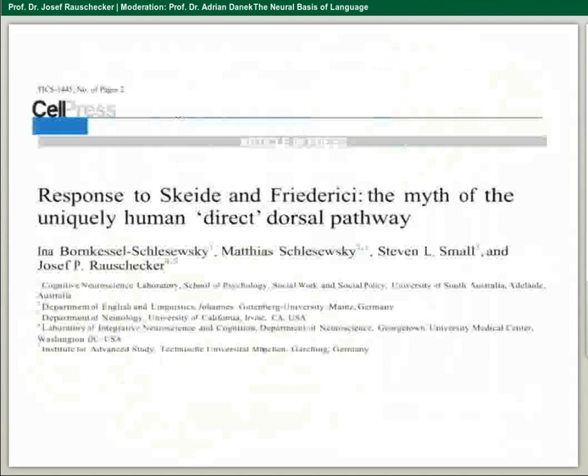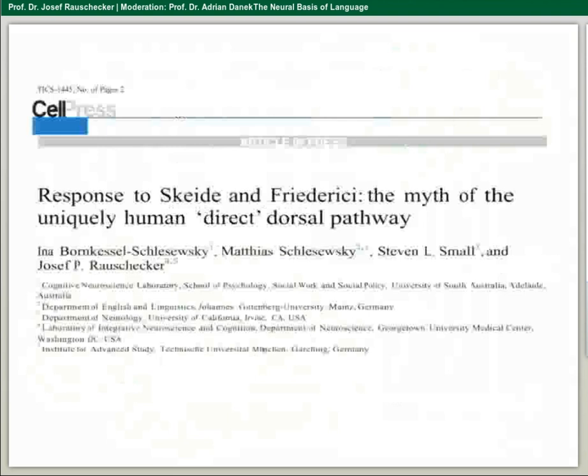And the claim made by some people that the difference between humans and monkeys is that monkeys lack a direct connection from the posterior superior temporal cortex to the frontal cortex, the Broca's area, is no longer true.